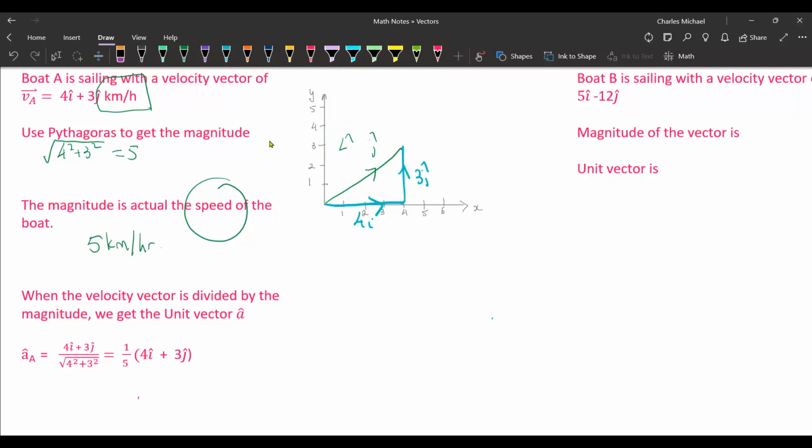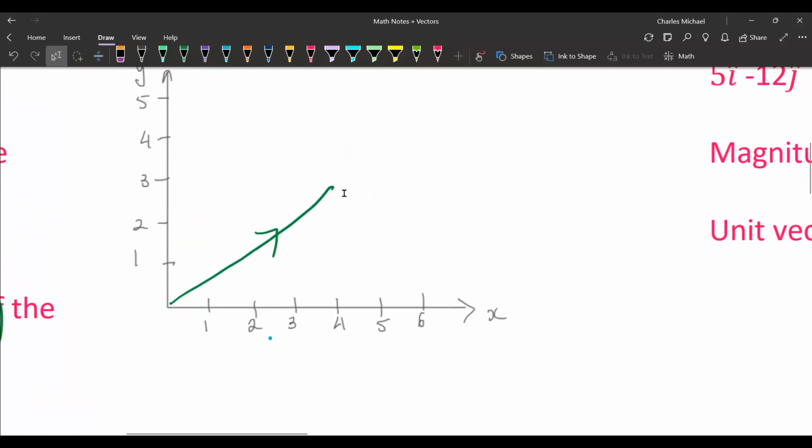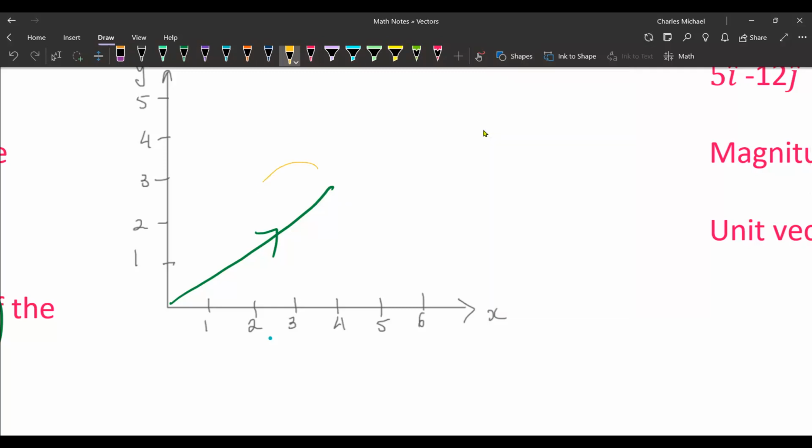Now let's enlarge this. If I take this magnitude, we know it's 5 kilometers per hour.